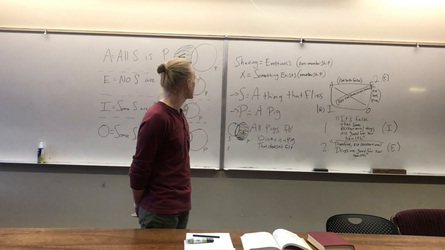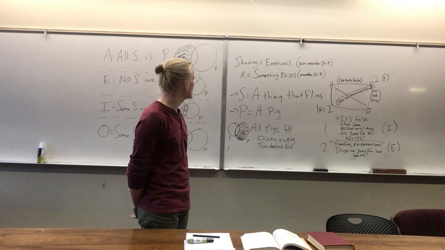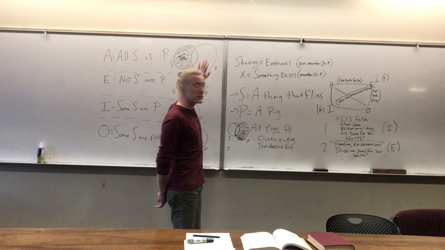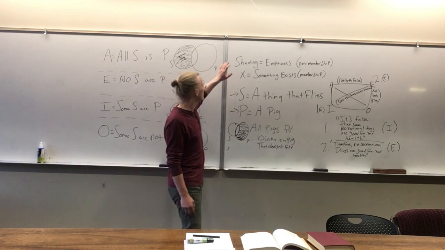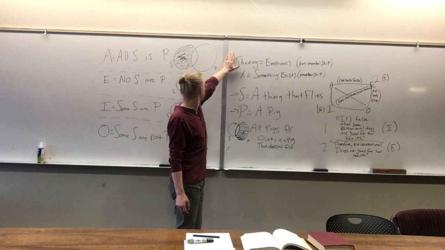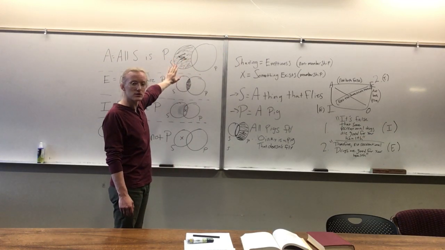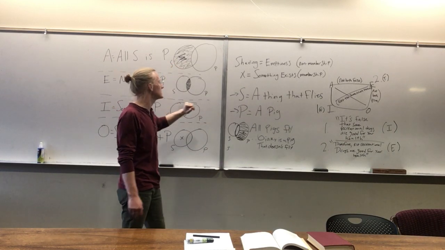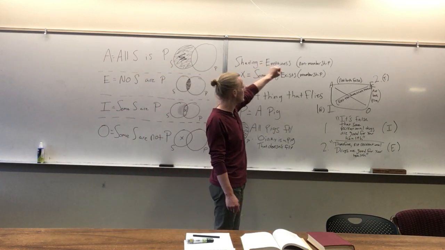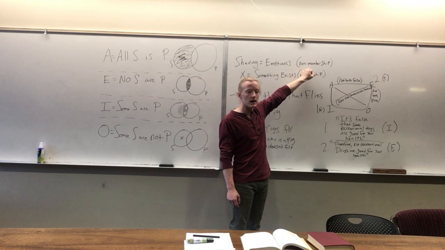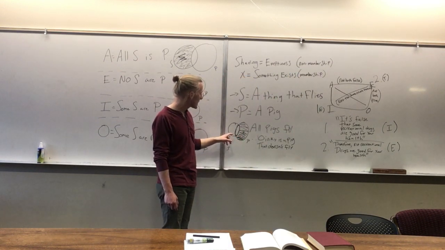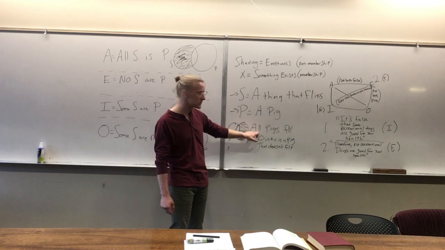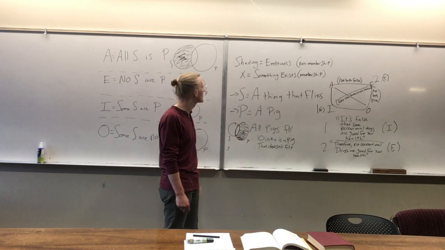So again, when you're doing Venn diagrams, or you're reading Venn diagrams, or you're looking at them, if you're shading, we're talking about universal claims, our A's and our E's, and this shading implies emptiness. It implies that there's a non-membership, right? That there are no pigs that do not fly, that all pigs fly, if at all, given our statement here, right, that all pigs fly.